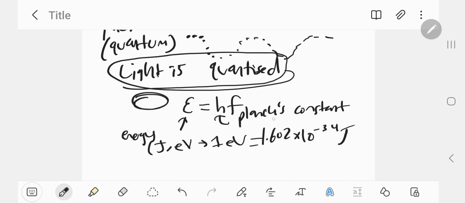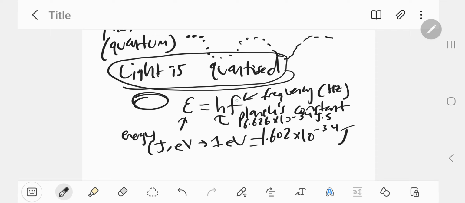Planck's constant is a very small number. It's 6.626 times 10 to the minus 34 joule seconds. And f is frequency with units hertz, named after Heinrich Hertz, in his honor.